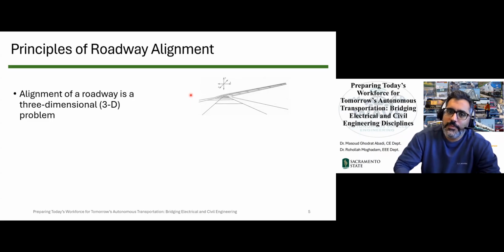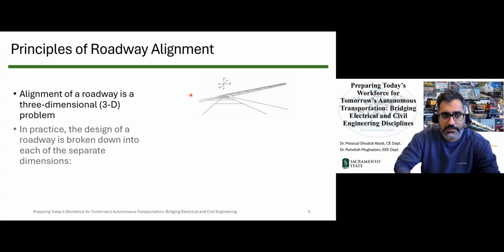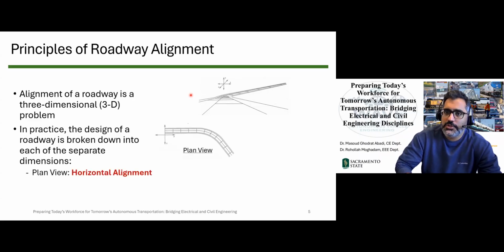So what do we do? We turn these 3D environments into two-dimensional environments. So what are these two-dimensional environments?